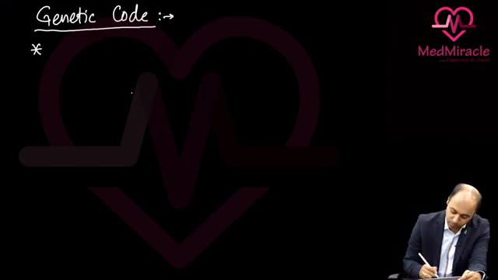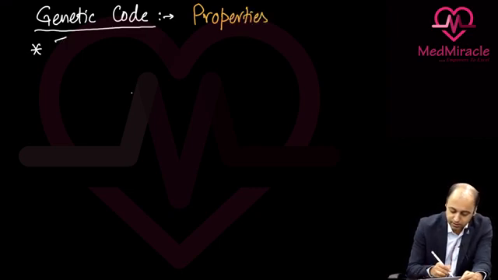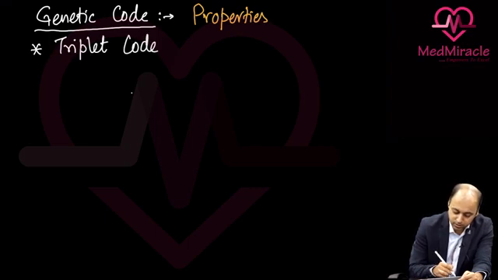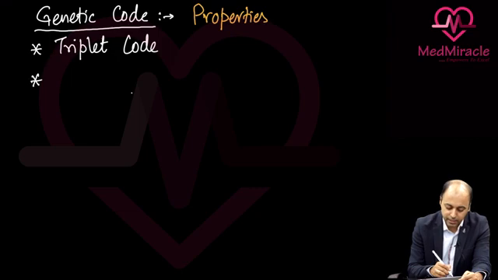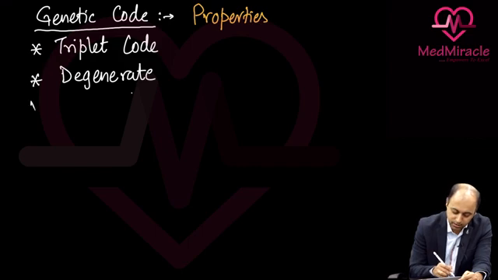We are talking about the properties of the genetic code. The genetic code is a triplet code, and it is degenerate. At the same time, it is unambiguous.